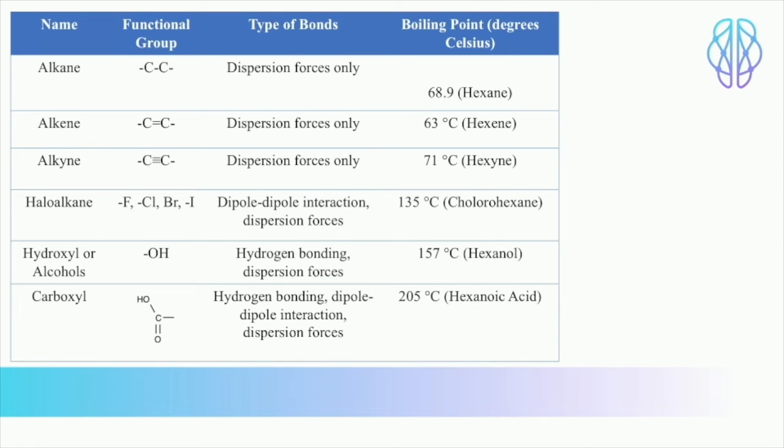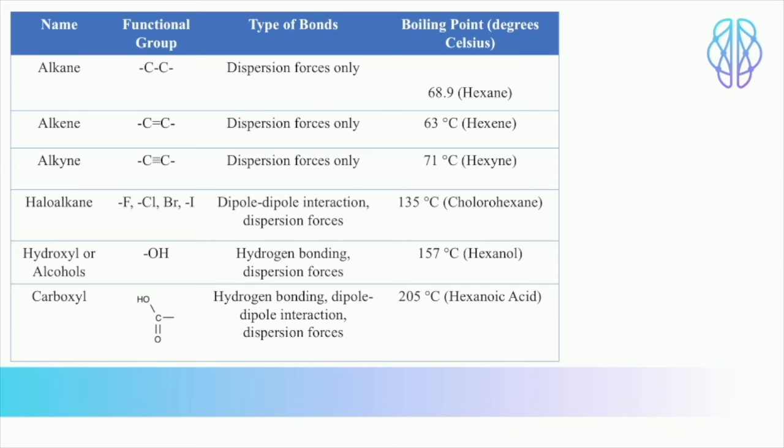Hydroxyls, as you know, can form hydrogen bonds as well as dipole-dipole interactions, as well as the dispersion forces. Thus, due to the ability to form hydrogen bonds, hexanol, which is an alcohol with 6 carbons, will have a higher boiling point than chlorohexane and hexane. A carboxyl is interesting in that it can make the hydrogen bond, it can make the dipole-dipole interaction, and it can make the dispersion forces, right?